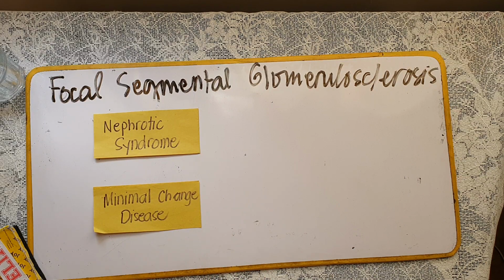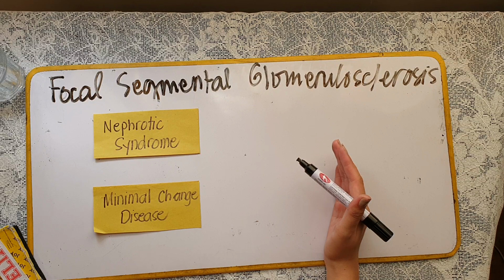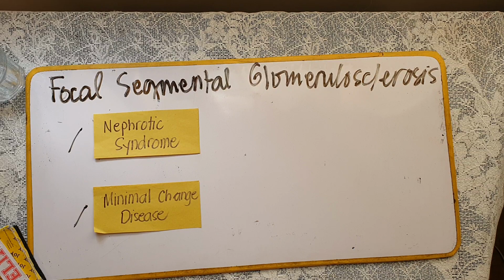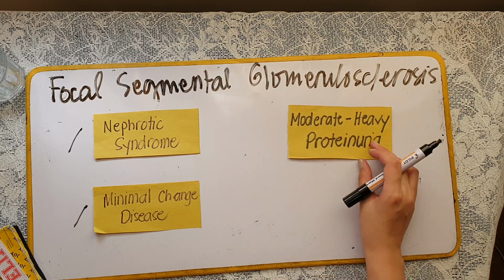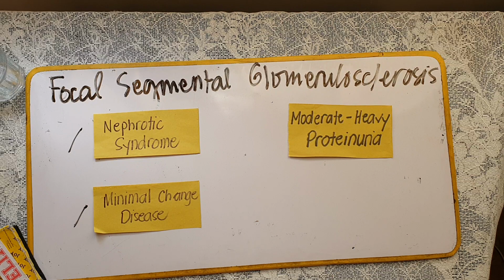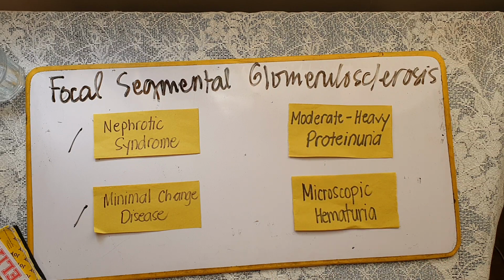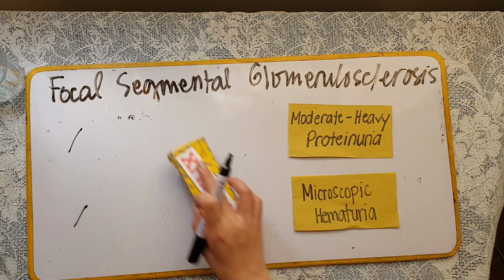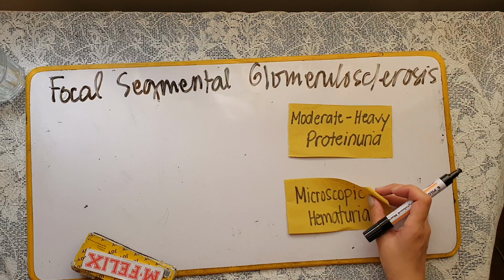As with the laboratory findings, the laboratory findings of focal segmental glomerulosclerosis include moderate to heavy proteinuria together with microscopic hematuria.